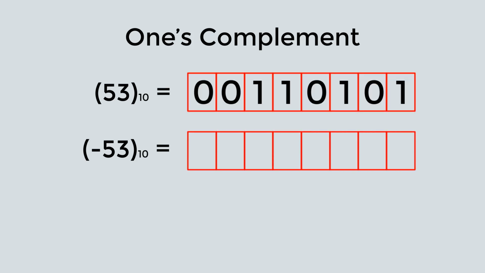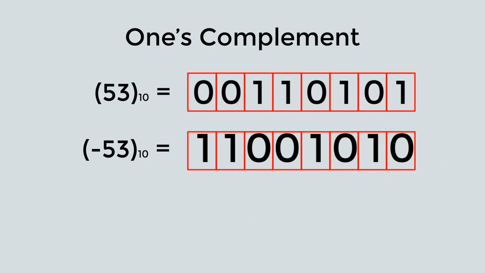Now flip every bit. 0, 0, 1, 1, 0, 1, 0, 1 becomes 1, 1, 0, 0, 1, 0, 1, 0. So, in an 8-bit 1's complement system, 0, 0, 1, 1, 0, 1, 0, 1 represents positive 53, while 1, 1, 0, 0, 1, 0, 1, 0 represents negative 53.